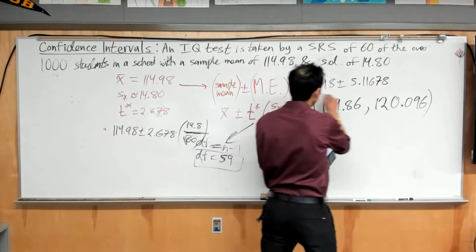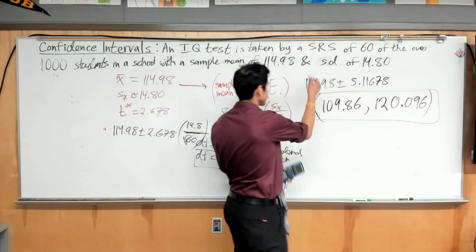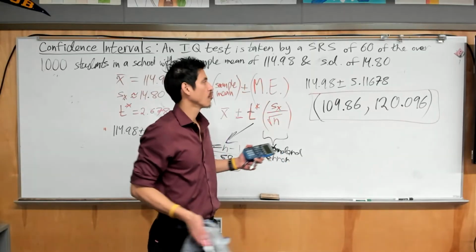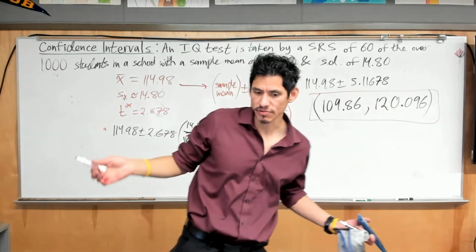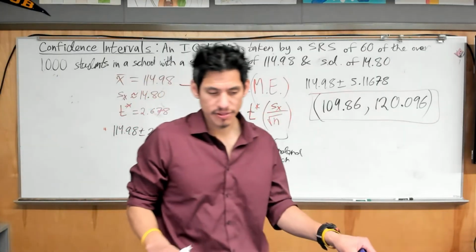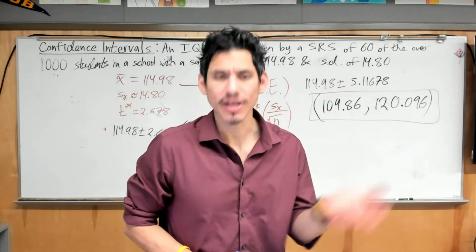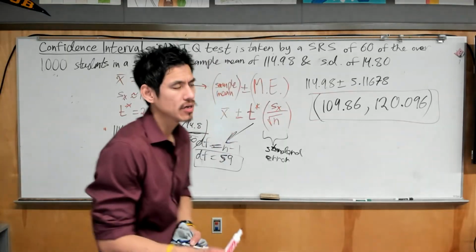So we then formally say that we are... Oh, I didn't even write the confidence level. I didn't tell you what the problem says. I think it said 99%. Yeah, we look at 99%. Duh.